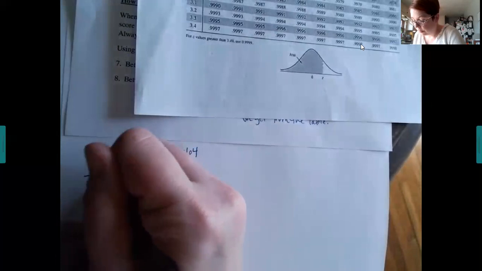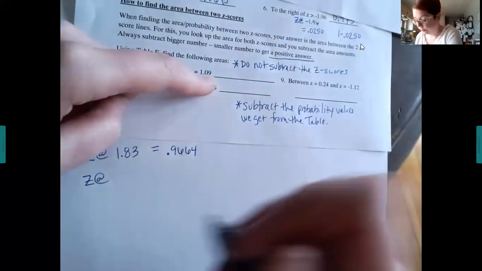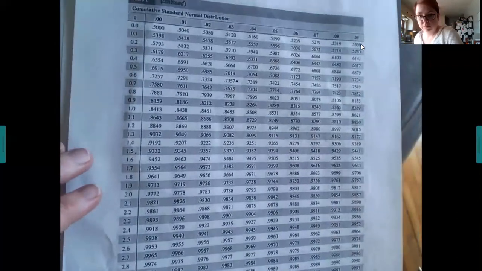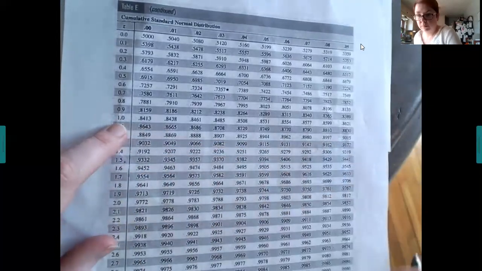Then we're going to look up, for this question, z at 1.09. 1.0, and then go all the way to 9. 0.8621.